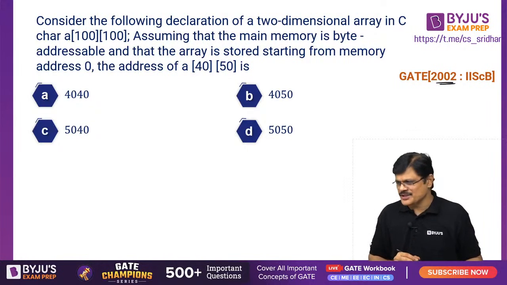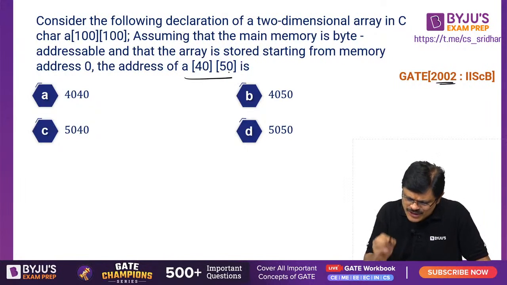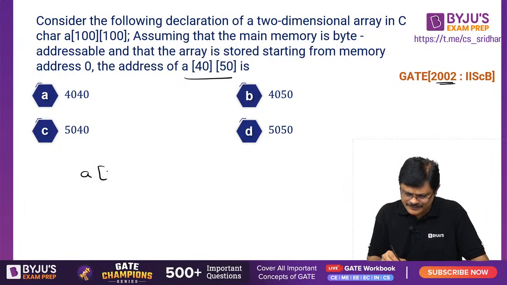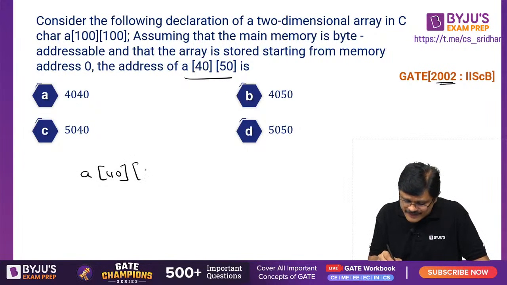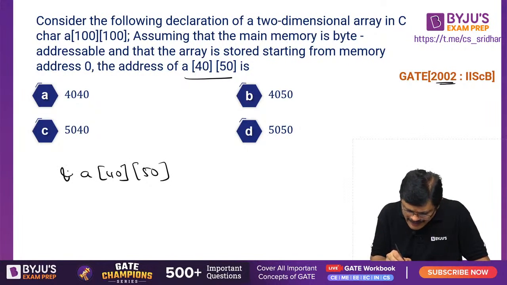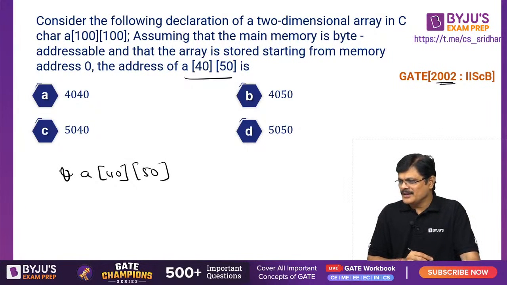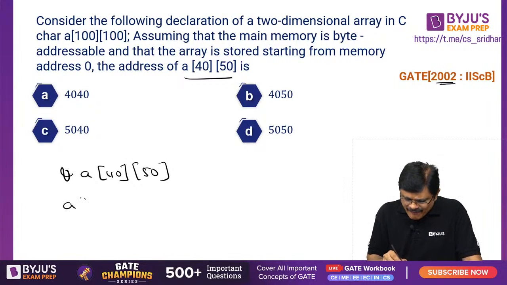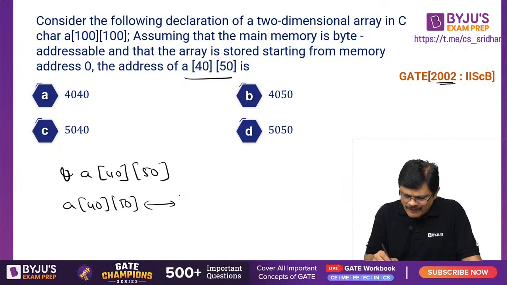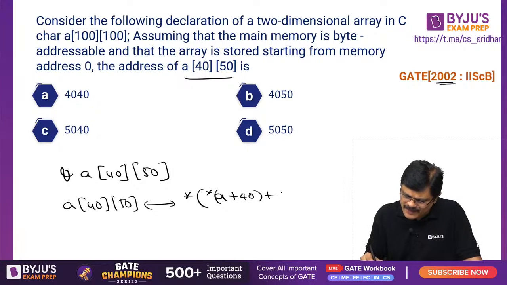Please answer this question, sir. Those who understood should answer this question perfectly. I want the address of this fellow. See, A[40][50] means, according to our story, star of star of A plus 40 plus 50.